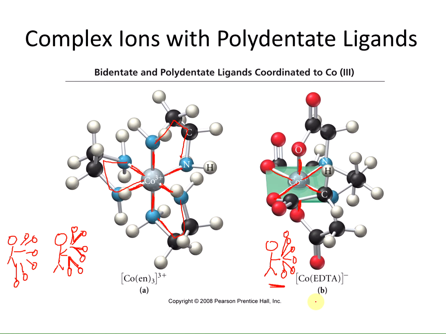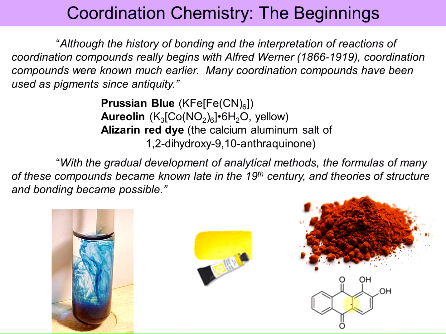Now here's kind of the beginnings of coordination chemistry. Although the history of bonding and the interpretation of reactions of coordination compounds really begins with Alfred Werner, coordination compounds were known much earlier, and many have been used as pigments since antiquity. Some of those pigments include Prussian blue, which is an iron cyanide compound.